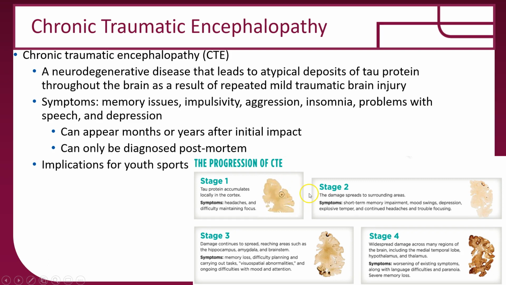You can see that's a very healthy brain, minus these little tau proteins, but the damage continues to spread. This is when you might have memory loss, planning problems, mood and attention problems, and then widespread damage throughout the brain. So this really is a significant degenerative brain disorder that we're learning more about.